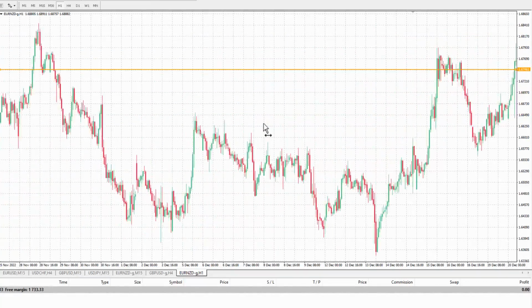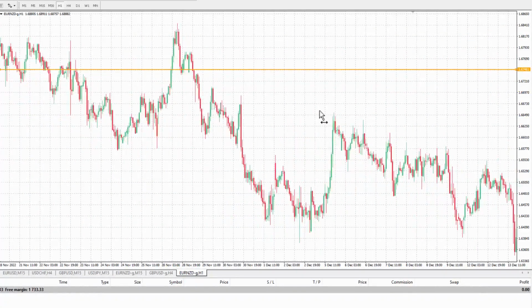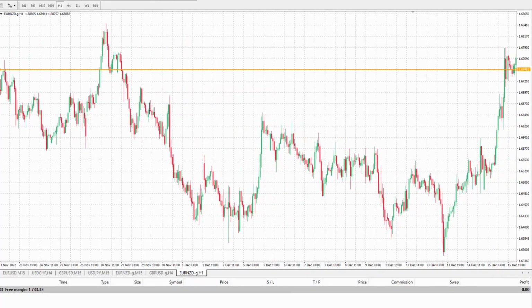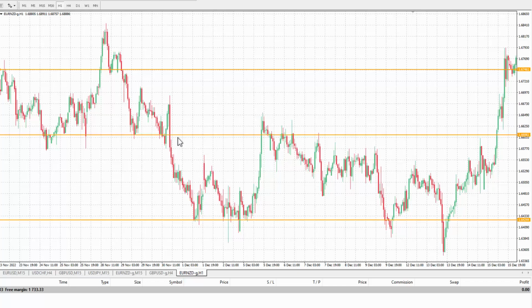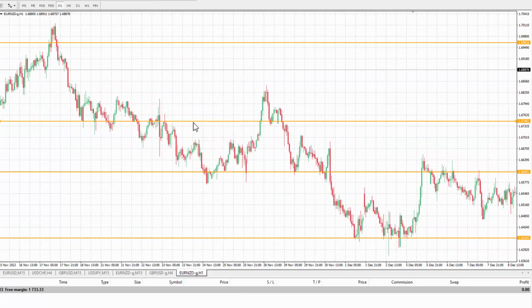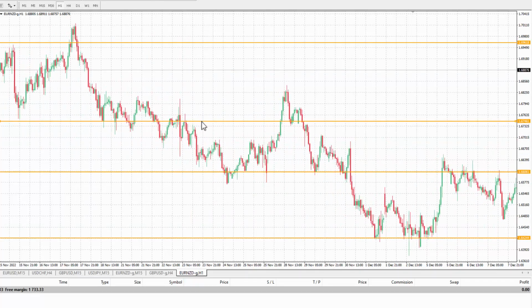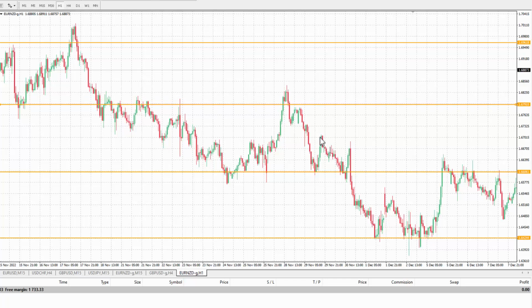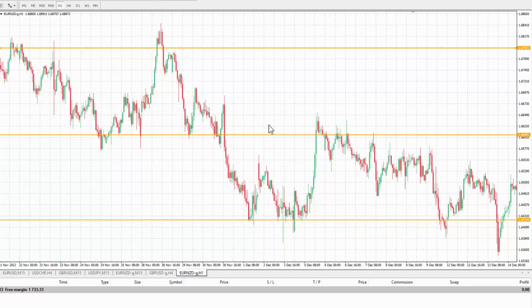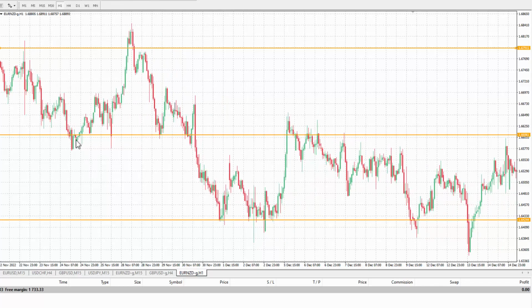Let's move back a little, and maybe I can find you another example of support and resistance. And I think I have just spotted something. Actually, I think this looks quite well. What I could even do, move this like this. And I think I have good examples here.